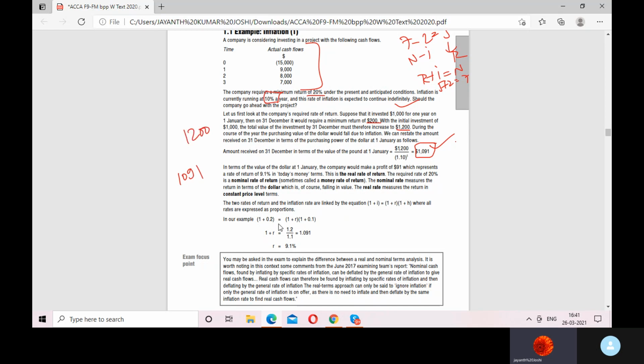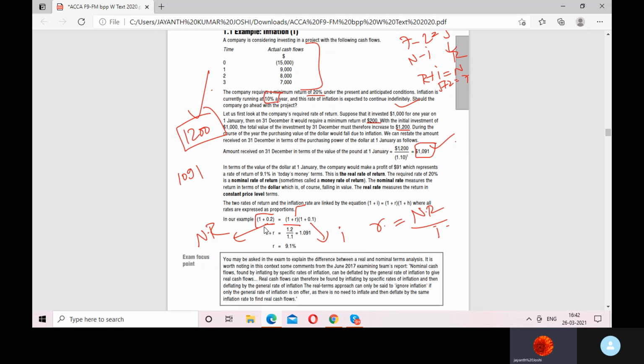Now 20% is the nominal rate. So with the nominal rate, your investment is this. 10% is your inflation, and this is your real rate. So real rate into inflation is nominal rate. Now you can find your real rate. So real rate is equal to nominal rate divided by inflation.